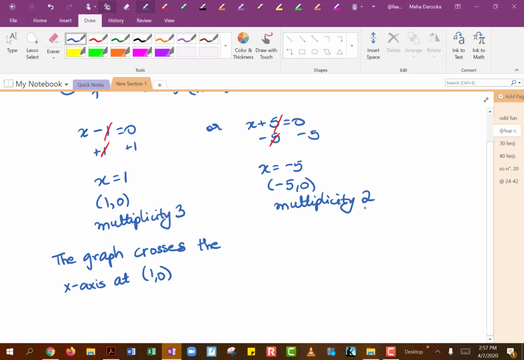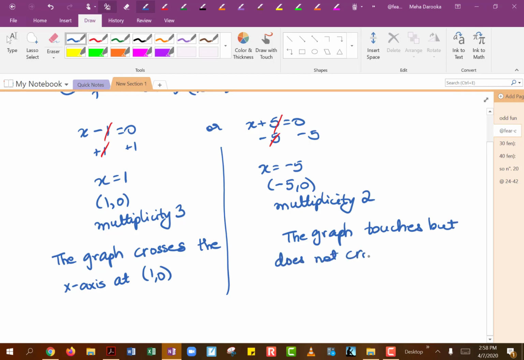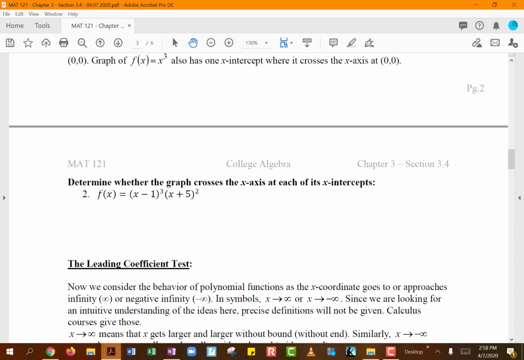And then for the second one, since that's an even multiplicity, this is where your graph will touch but does not cross. So we will say for this one, the graph touches but does not cross the x-axis at (-5, 0). So this is the behavior that we are talking about. And again, remember, this is based on whether your factor is raised to an odd or an even number.